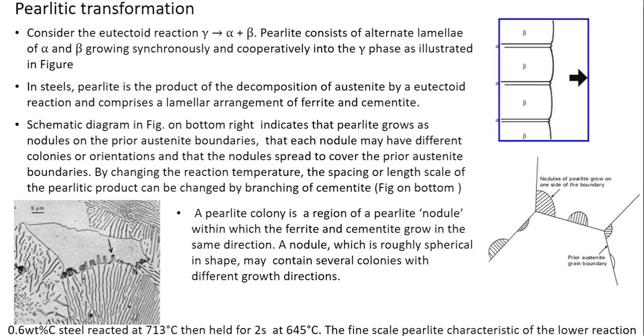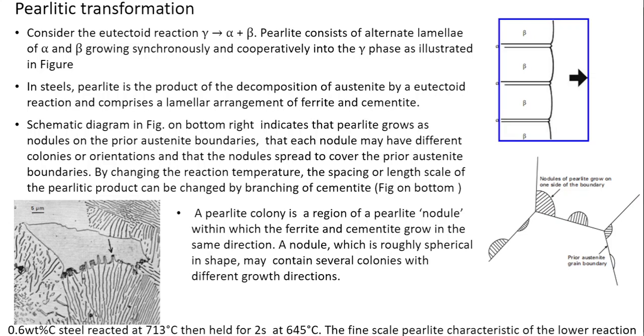In steels, pearlite is a product of the decomposition of austenite by a eutectoid reaction and comprises a lamellar arrangement of ferrite and cementite. The schematic diagram here indicates that pearlite grows as nodules on the prior austenite boundaries.